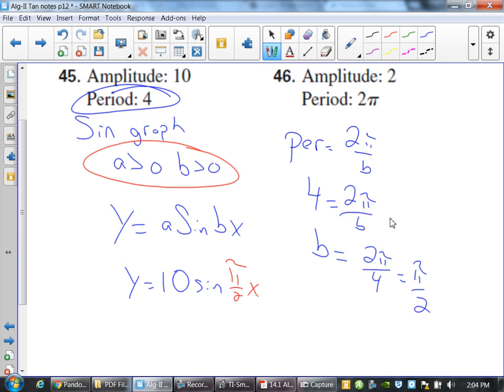Let's write the equation for the second one. We've got the amplitude of 2, a period of 2 pi. Still sine.